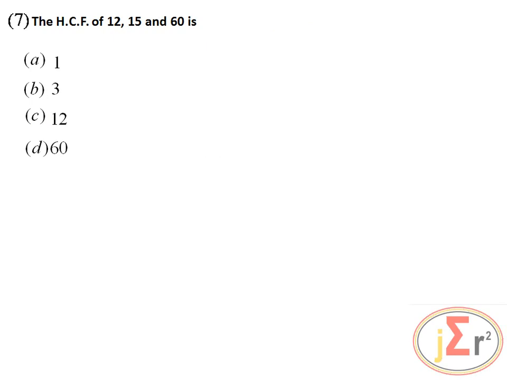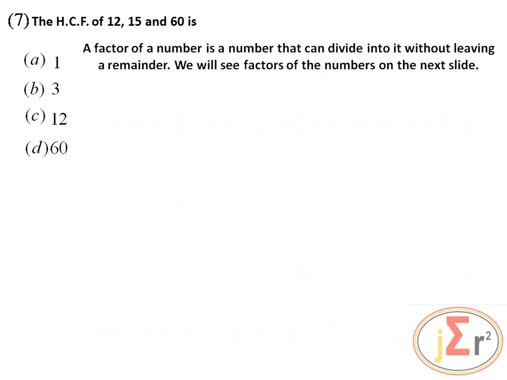The HCF of 12, 15, and 60 is a factor of a number, because we are trying to find the highest common factor of those numbers. If we are not careful, we will attempt to find the LCM. So here we are taking a look at factors.